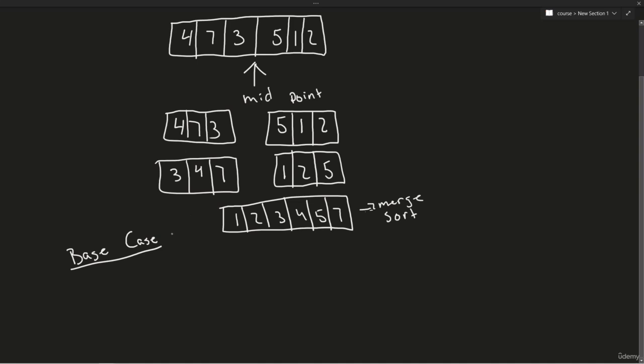So we will continuously call one of our functions in order to continuously break down our array until we have a very basic one or two element array that we can very quickly sort, and then start unwinding the stack and merging everything back together.